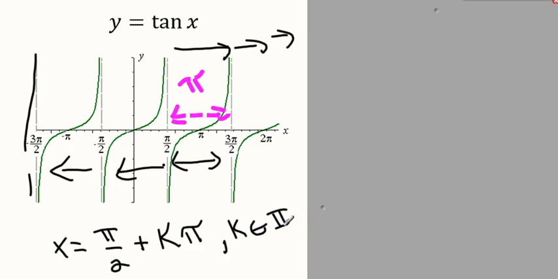where we introduce k meaning some sort of constant value, and here I'm defining it messily. Let me fix that. Here I'm defining that k has to be an integer, so k is an element of the integer set. And if you multiply pi by any integer, like 6 or negative 10 or 0, and start at pi over 2, so that's what this says, start at pi over 2, and then move this many units away, you'll find an asymptote.